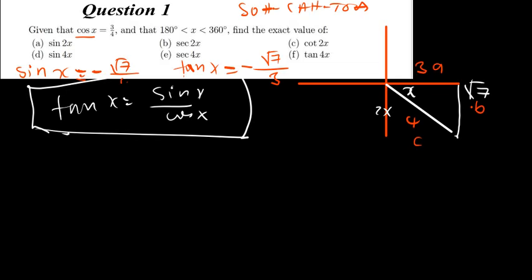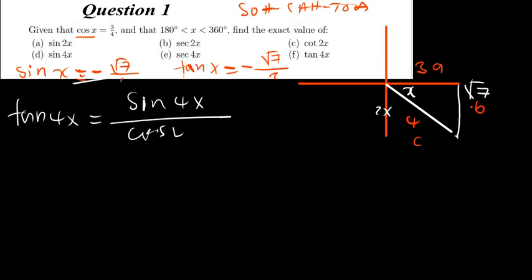Then what should come to your mind is that tan 4x is basically the same as sine 4x divided by cos 4x. So there is no difference. Now I have to simplify sine 4x, which is the one we were simplifying here, if you can remember, and also simplify cos 4x.